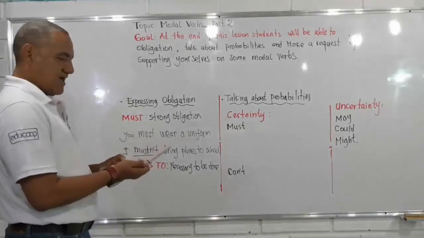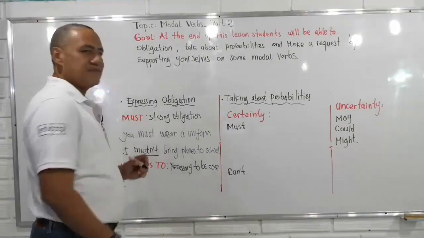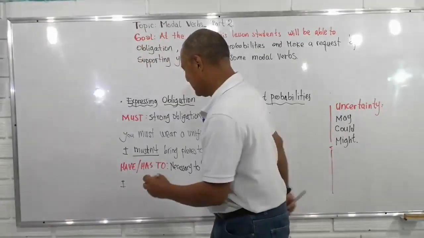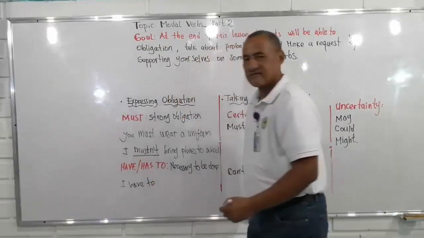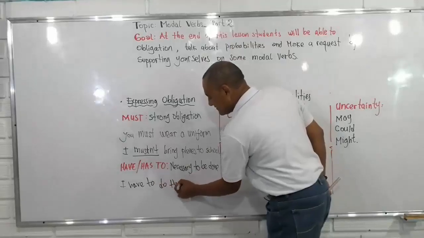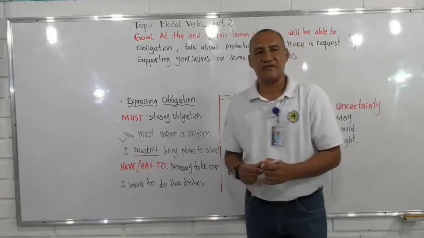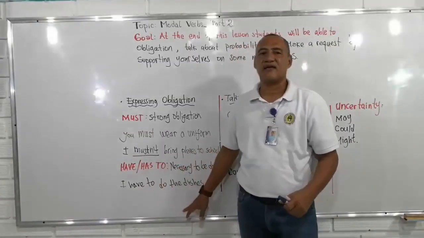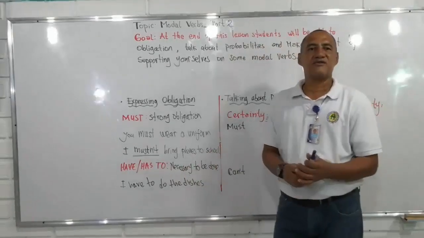Then I say that I have to do the dishes. I have to do the dishes means los platos. Tengo que, tener que. So it is necessary to do the dishes.